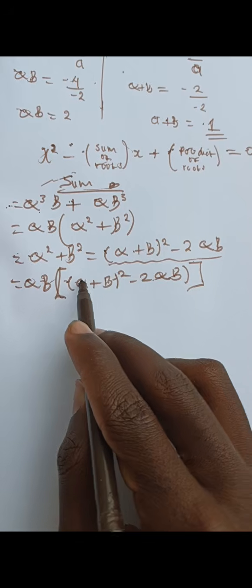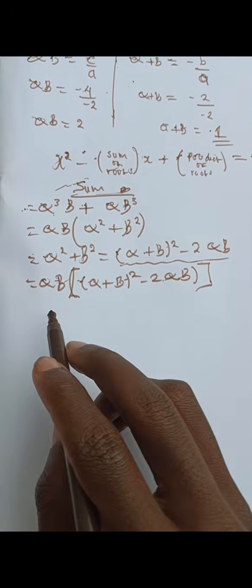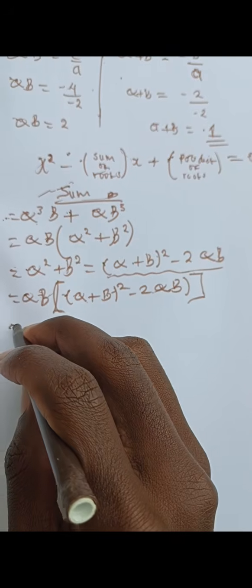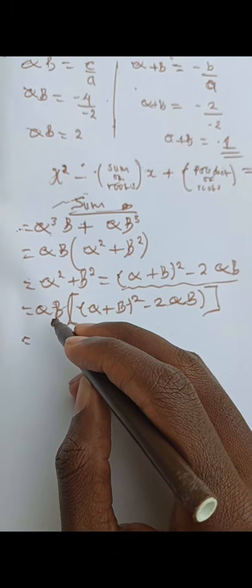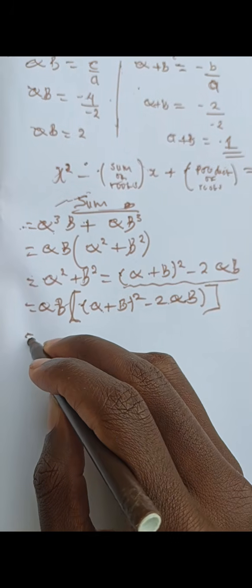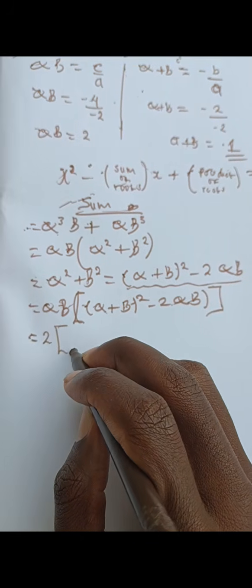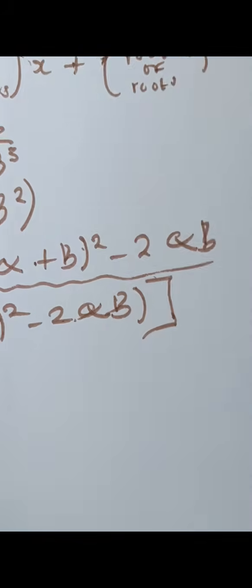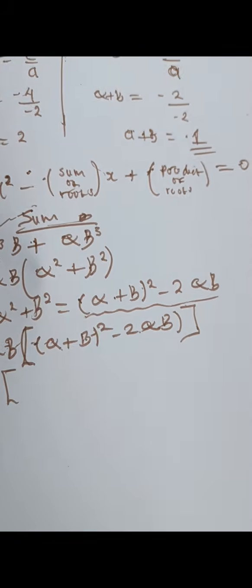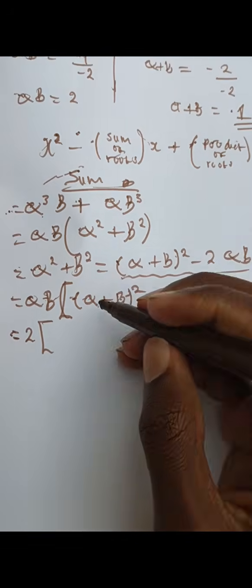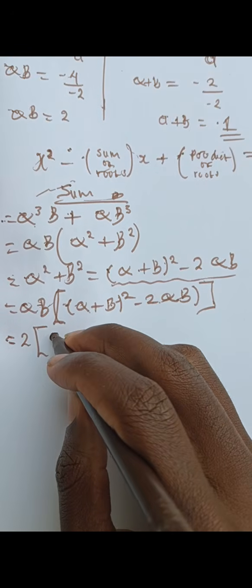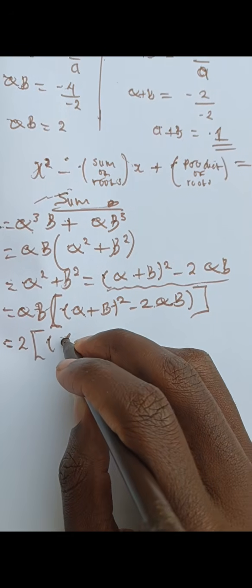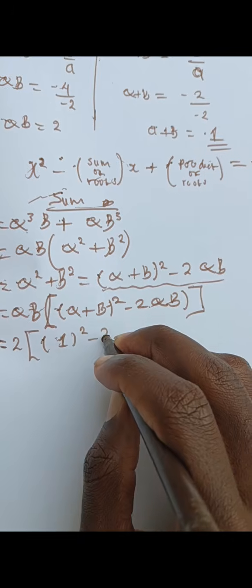Okay, so since we found the value of alpha plus beta and alpha times beta, the job is now to just simplify. So alpha times beta, we figure out that it is 2, right? And alpha plus beta, it is 1, right? Power 2 minus 2.